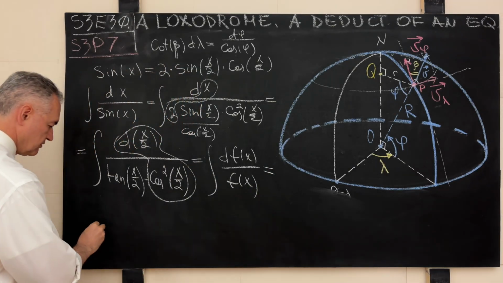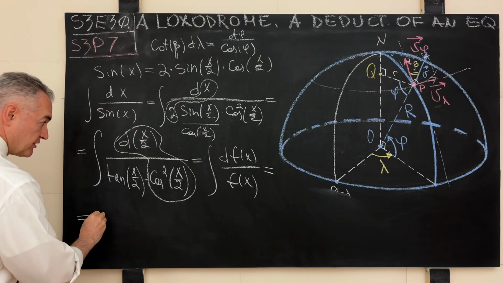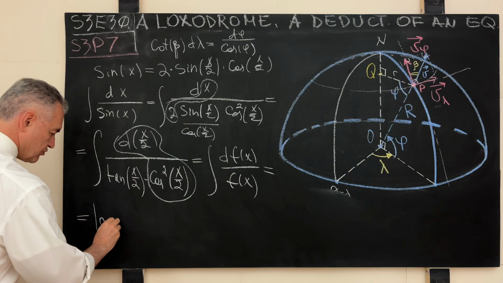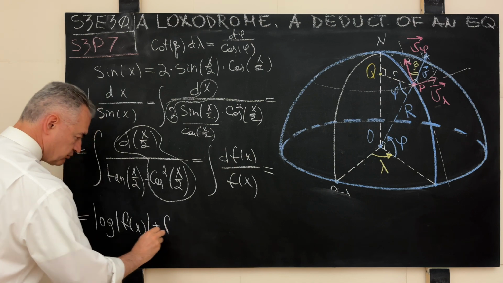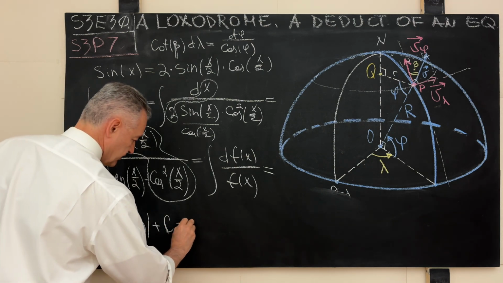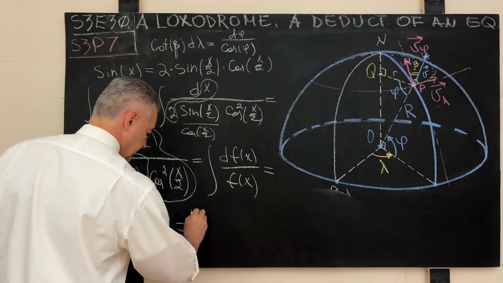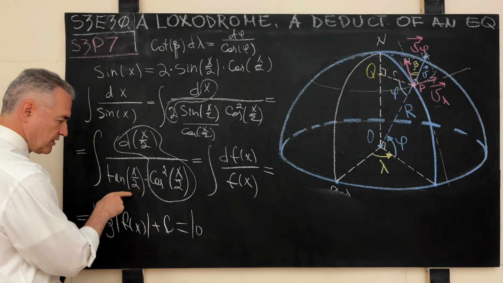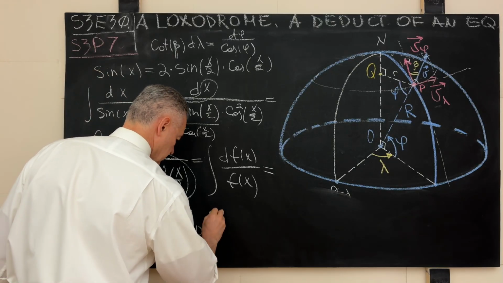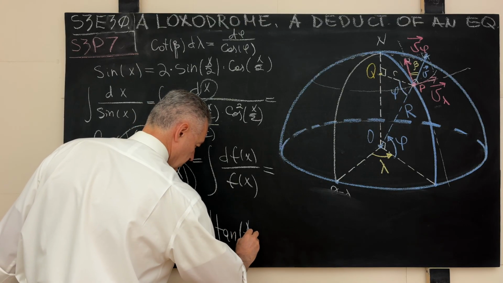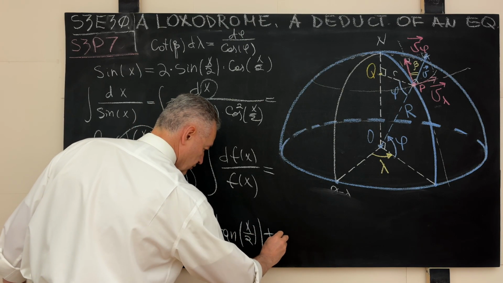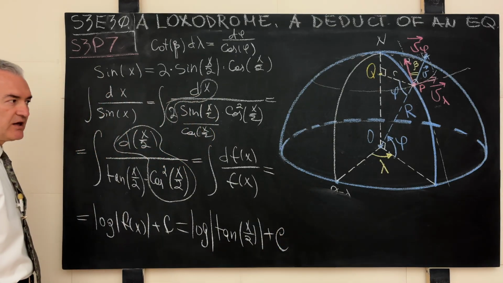And what is this? It will be the natural logarithm of the absolute value of f of x plus a constant, with the understanding that f of x is tangent of half argument. So log absolute value of tan of x over 2 plus a constant.